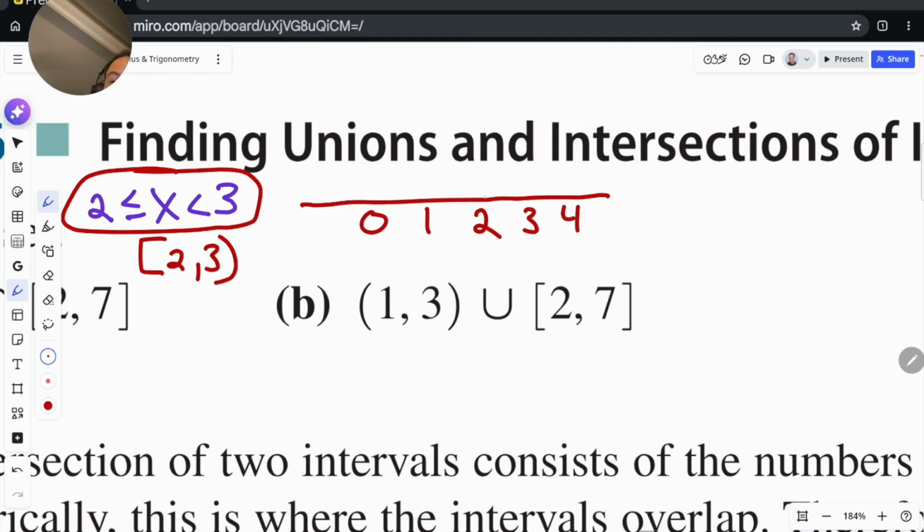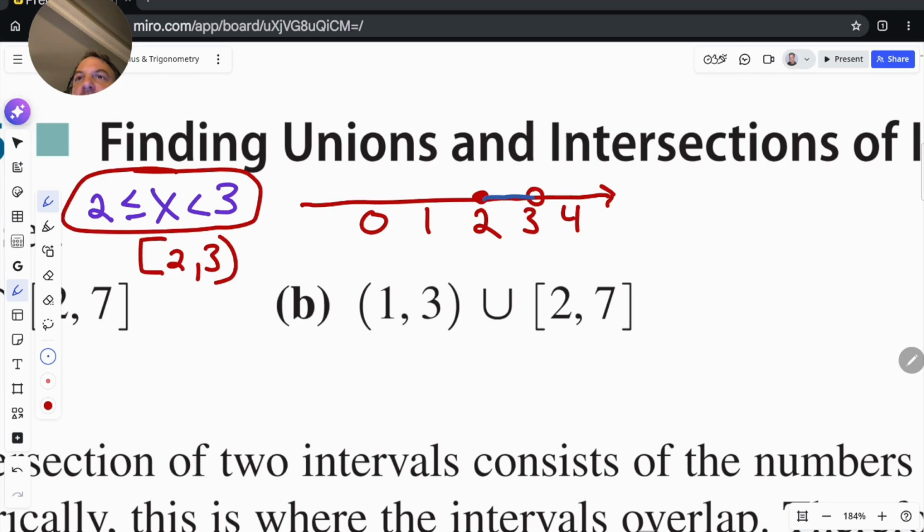So we would want to include 2, but exclude 3. And there's our segment. Let's take a look at B.